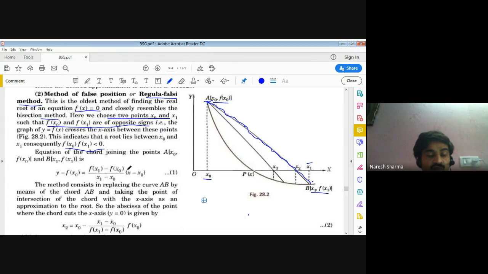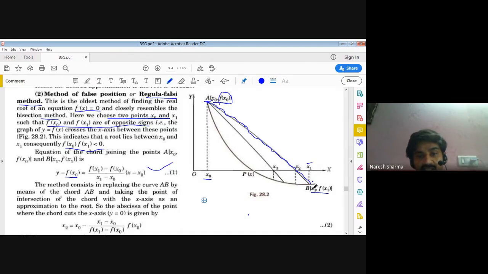So we just put here in the formula y naught is f(x naught) and y1 is f(x1). This is our equation of the line AB.